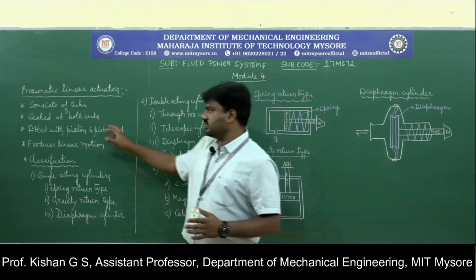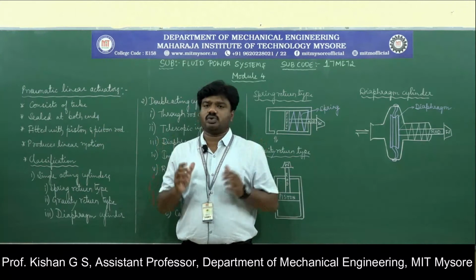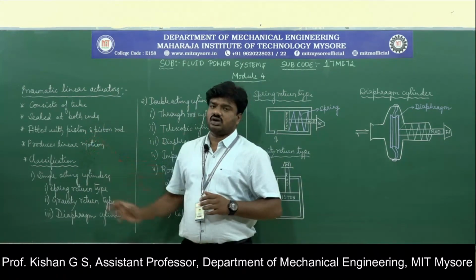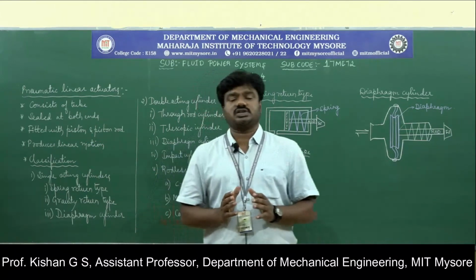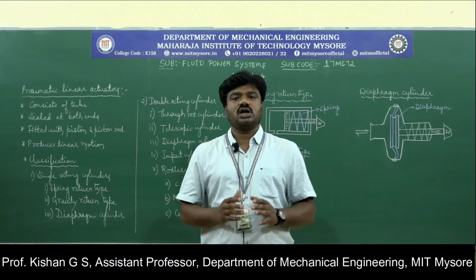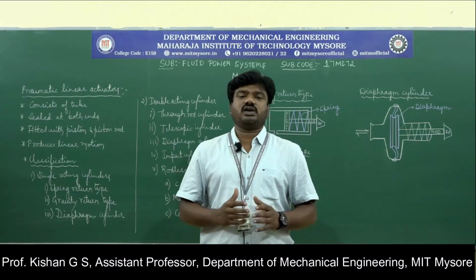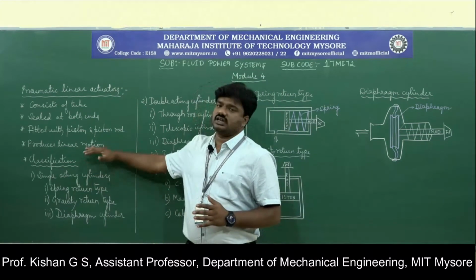It is fitted with a piston and piston rod. The linear actuation is derived due to the piston and piston rod, which are housed within the tube, sealed on both sides to avoid leakages. And lastly, it produces linear motion.